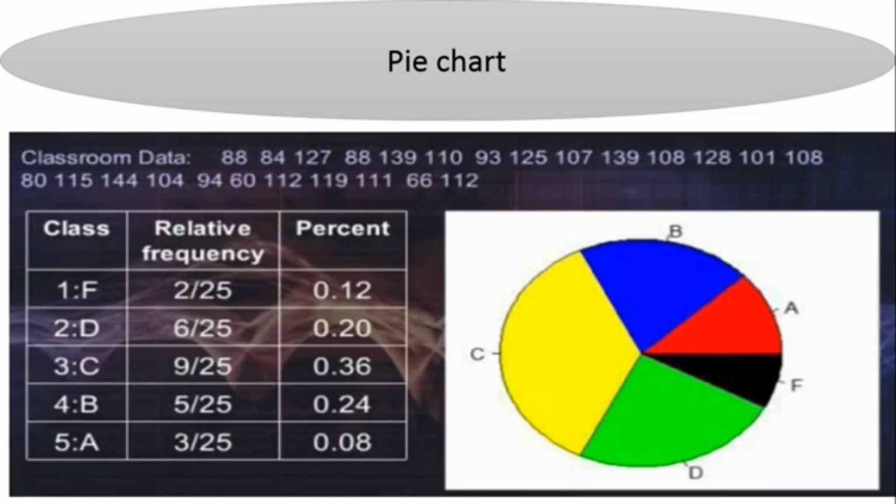So we have this representation of the classroom data just highlighted on top of the graphic and the table. So we have the different percentage of each class according to the relative frequencies, as you can see on this pie chart, with different colors.